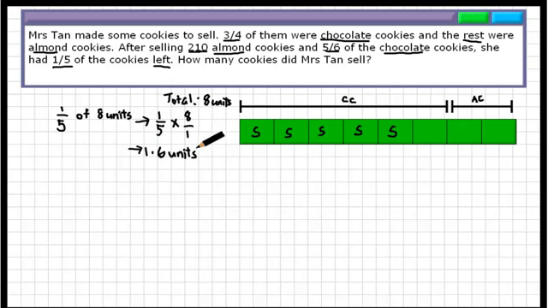And this refers to the unsold cookies. So 1.6 units minus 1 unit, this would give us 0.6 unit.